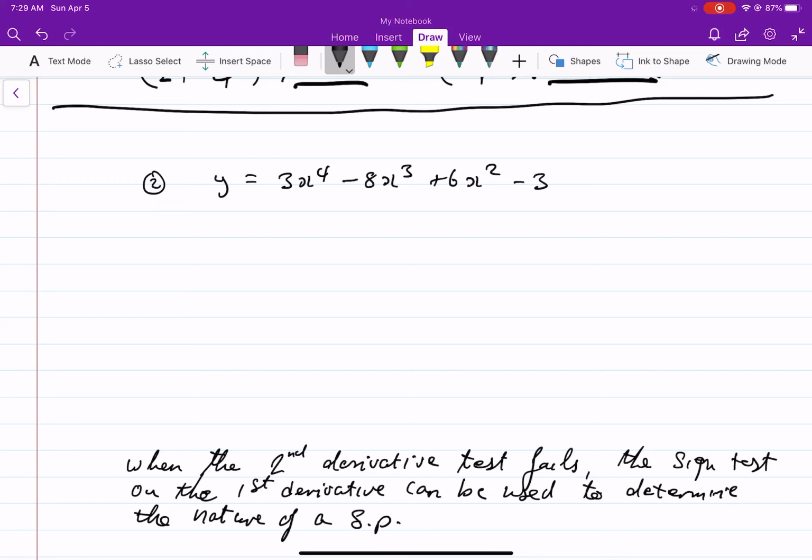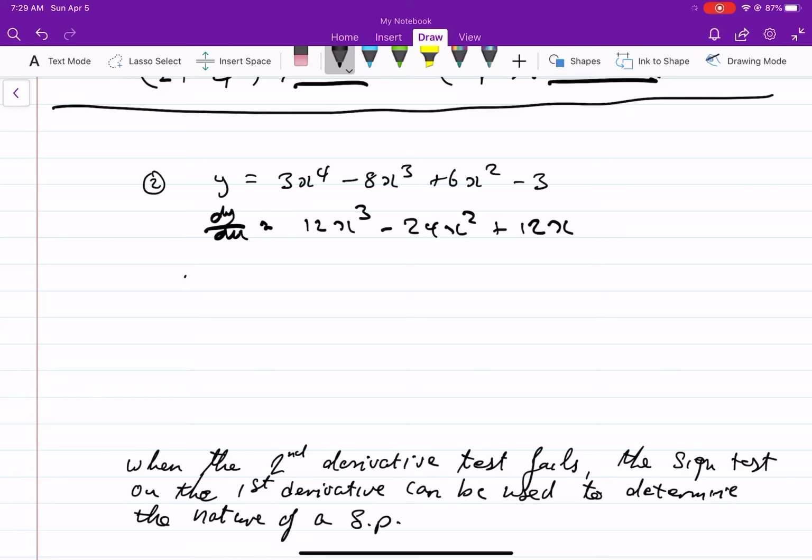Find the stationary points on this curve and investigate their nature. So let's go. dy/dx is equal to 12x cubed minus 24x squared plus 12x.